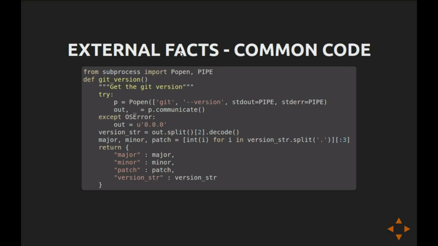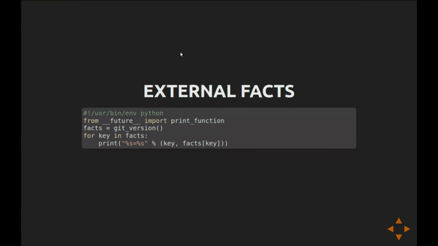So I might have a fact like this that I want to distribute and then use. Here would be the additional bit of code that I would need in order to hook this into Puppet, so Puppet could then query and use the Git version information elsewhere in the system. Basically, you're just going to print out key value pairs separated by an equal sign corresponding to the facts that you care about.